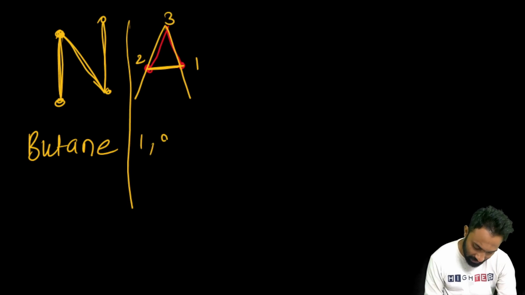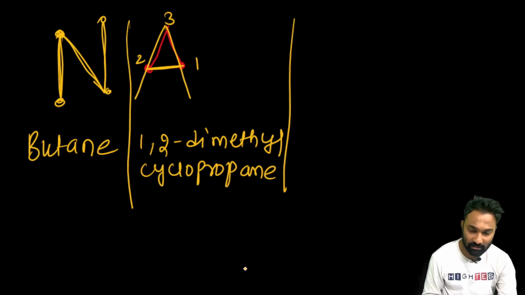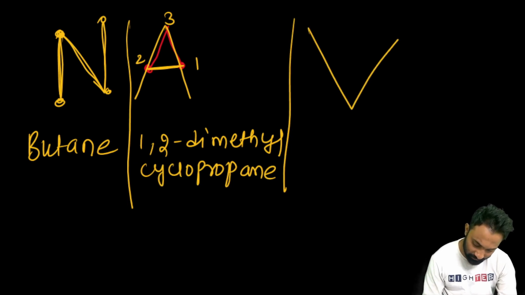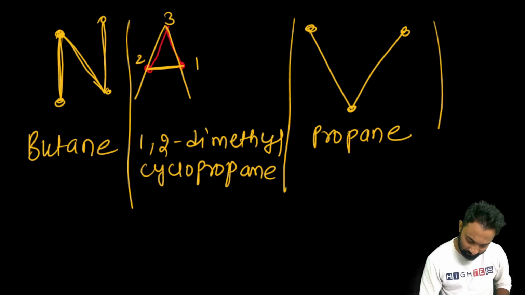So 1 comma 2 dimethyl cyclopropane. Done. Next V, right? V is simple propane. Done.